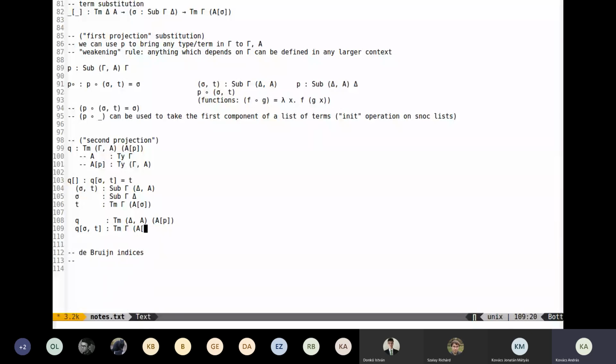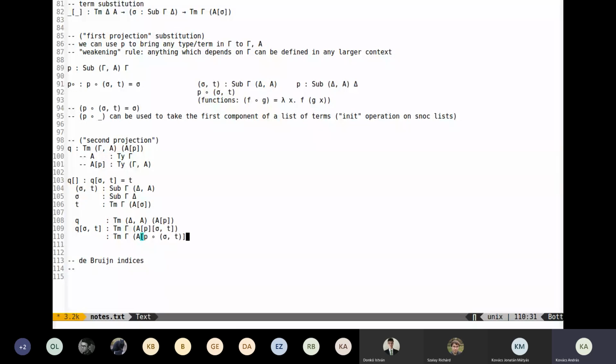And now this is already kind of interesting because originally the type was AP, but now because we are performing a substitution on a term which has type AP, we are performing another substitution with the substitution sigma T. So this has type this, but this also has type this, because we have the rule which says that iterated type substitution is just a single type substitution with a composite.